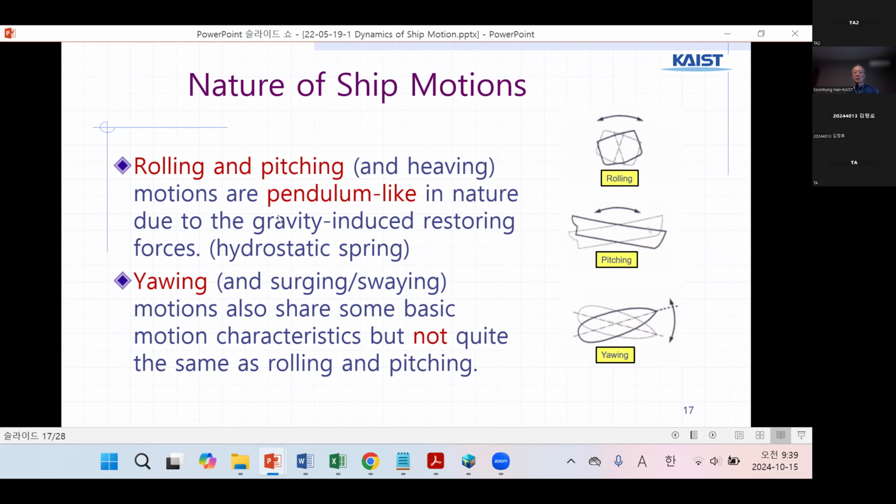Also, in other words, it is the gravity restoring force. But yawing, surging and swaying motions are in the horizontal surface, so there is no gravity force application. So they are similar but different, not quite the same as rolling and pitching.